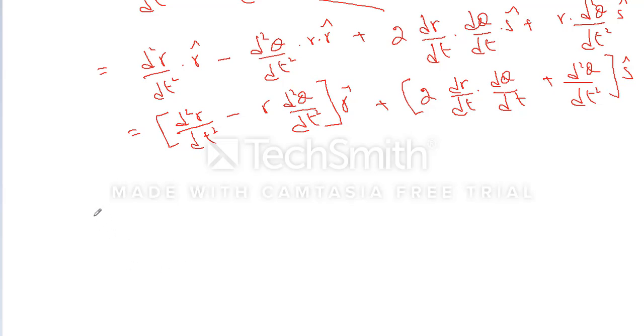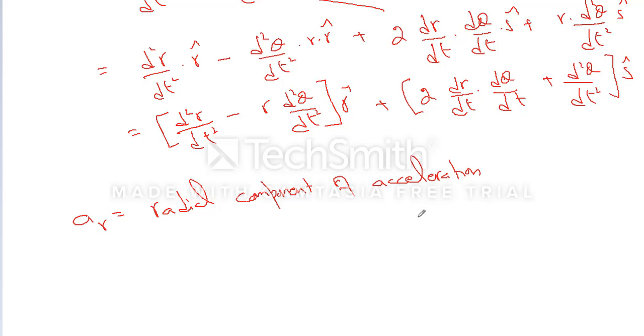So we have the radial and transverse components of acceleration. The radial component of acceleration is d²r/dt² minus r (dθ/dt)².